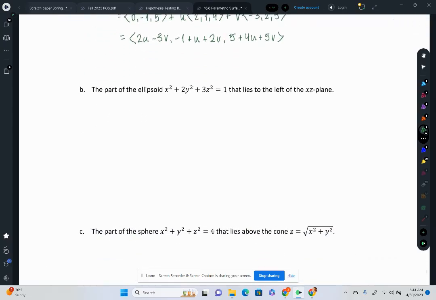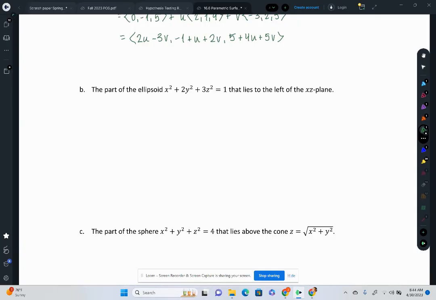Okay, here we have the part of the ellipsoid, x squared plus 2y squared plus 3z squared equals 1, that lies to the left of the xz plane. This is a tricky one, and it's tricky because we don't know a good parametric representation for an ellipsoid.